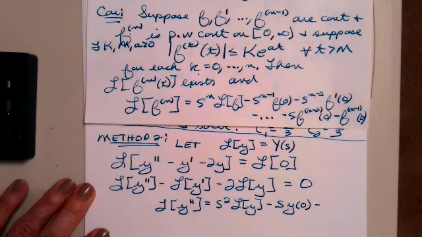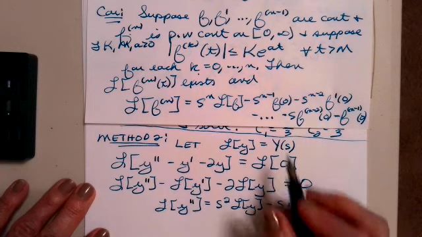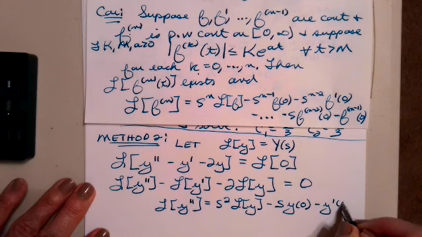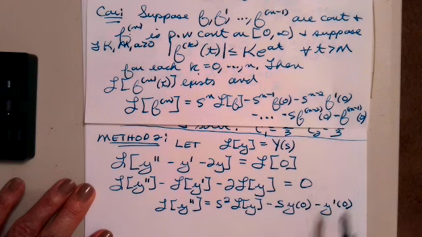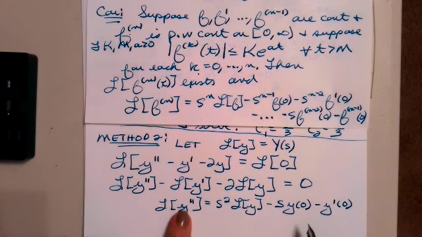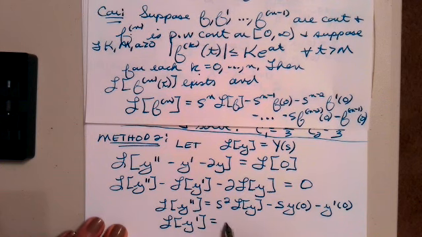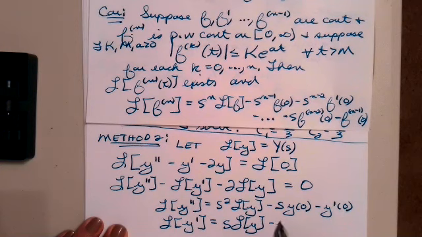I'm sorry, n is 2, so this would be s times y of 0, then minus s times y prime of 0. Because you get the s power, and then the 0 power goes with the next lowest derivative from that. Okay. And now if you take the Laplace transform of y prime, by the first theorem we proved that was s times the Laplace transform of y minus y of 0.